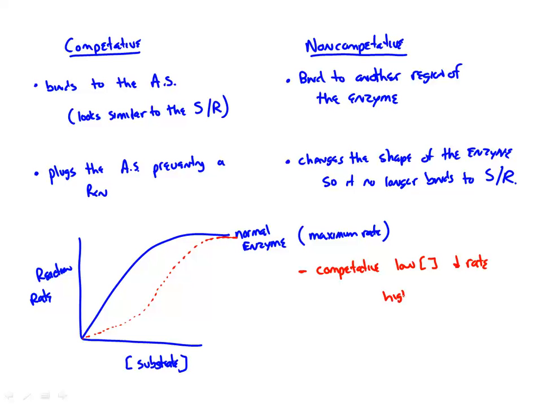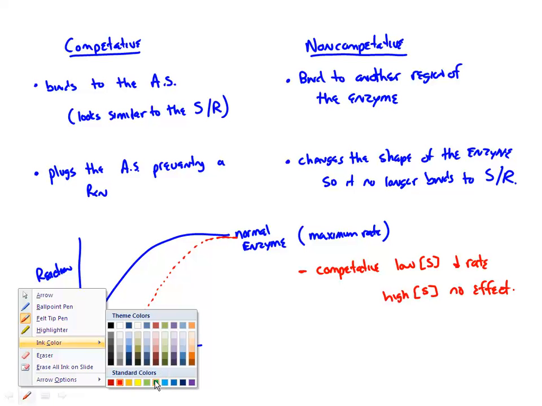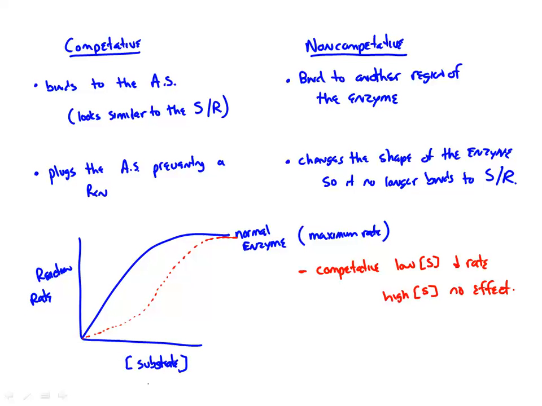At high concentrations of substrate, sorry, I should put that in there, it has no effect. And so a competitive inhibitor is important if there's very little substrate present, but if there's enough substrate present so that it fills the active site all the time and the competitive inhibitor can't bind there to prevent the reaction from occurring, it has almost little or no effect.